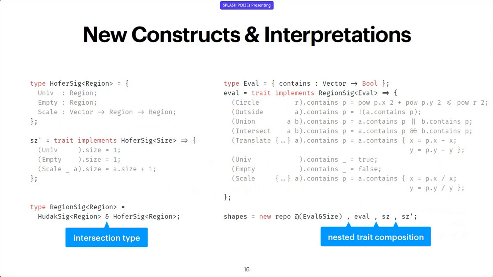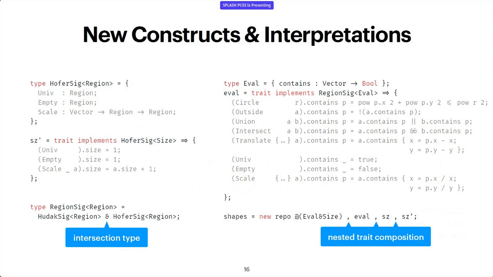And to add a new interpretation, just as in deep embedding, we define a new trait, implement the interface with the sort instantiated to a different type. Here, the different type is eval instead of size previously. And we implement them using method patterns as well.